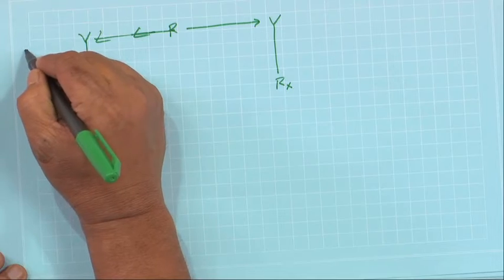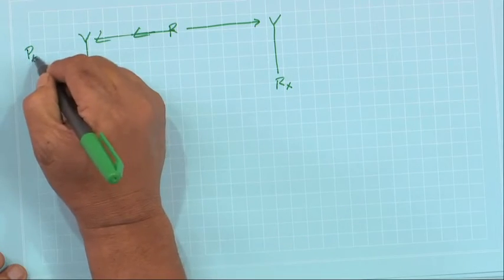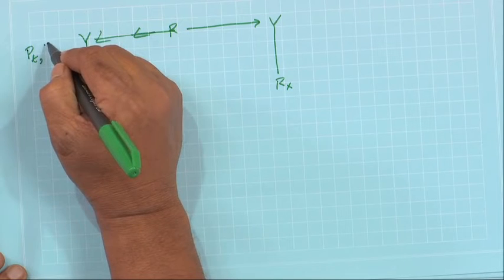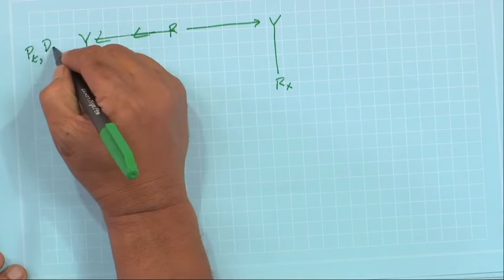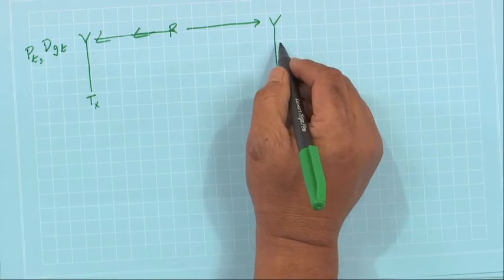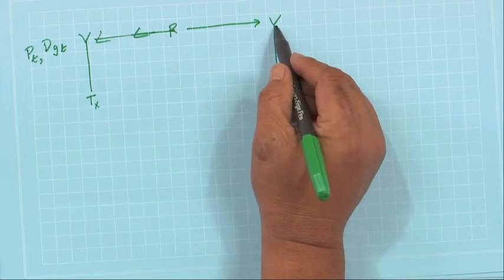Let us say that it is transmitting Pt amount of power, then its directivity is DGT in this direction, or I can say maximum directivity in this direction.